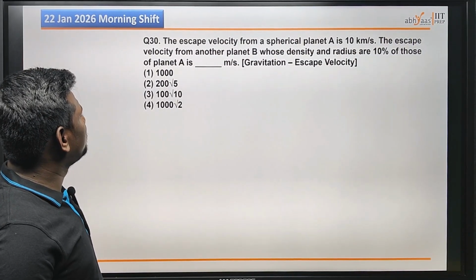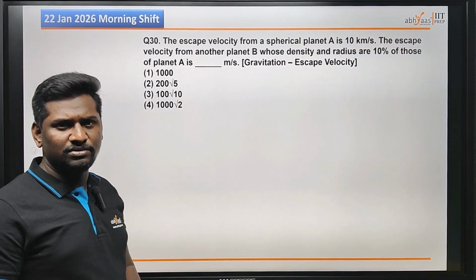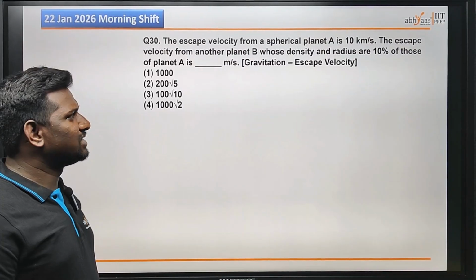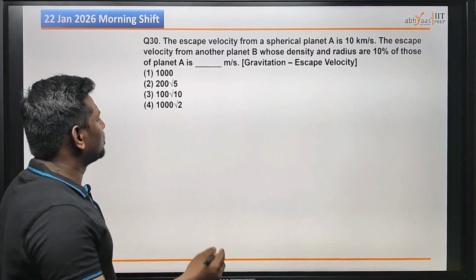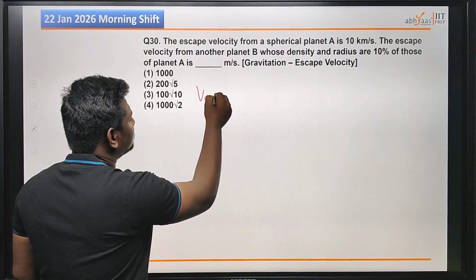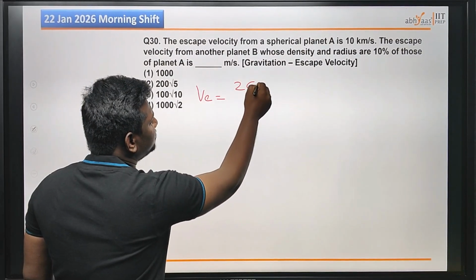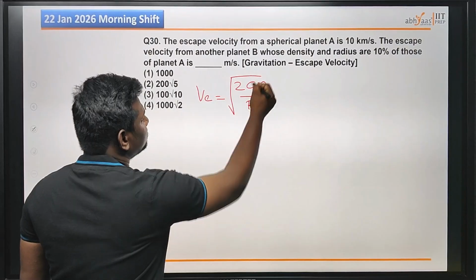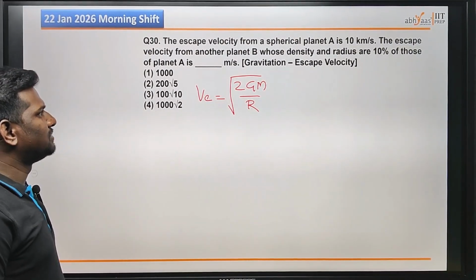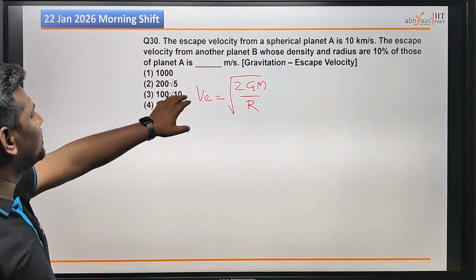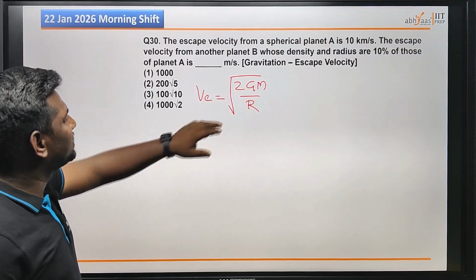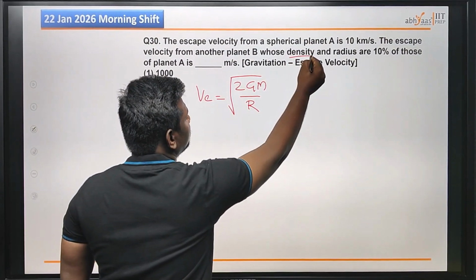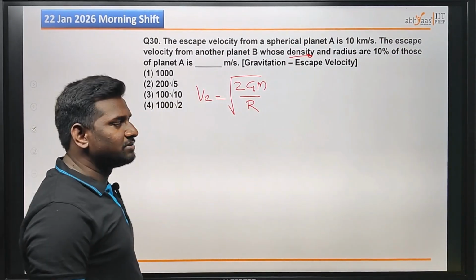The escape velocity of planet A. We know the escape velocity formula: escape velocity equals root of 2GM by R. But they have given values in density.